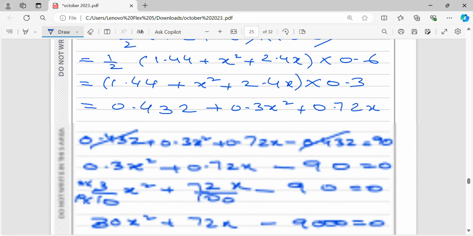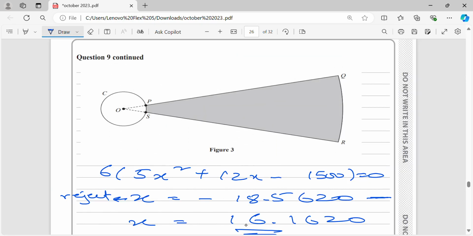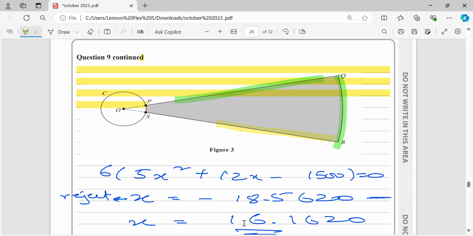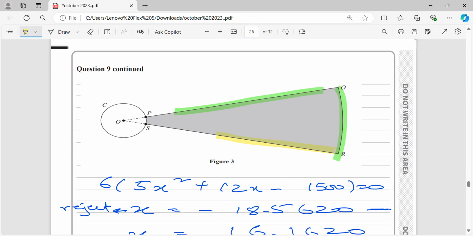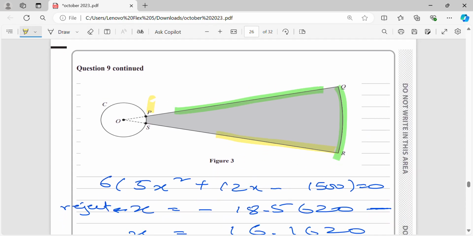So basically, let's highlight it. I need PQ, QR, RS, and PS.